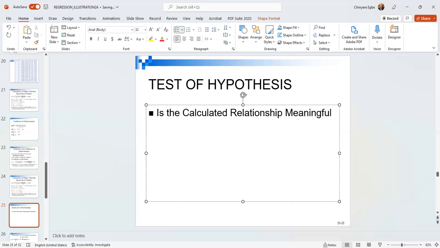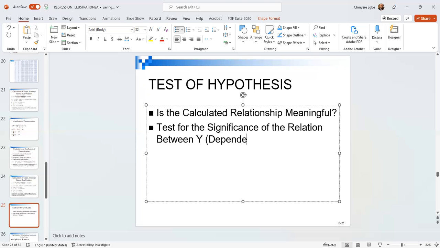Meaningful. Okay, and so the test for the significance of the relation between y, the dependent variable, and x, the independent variable.